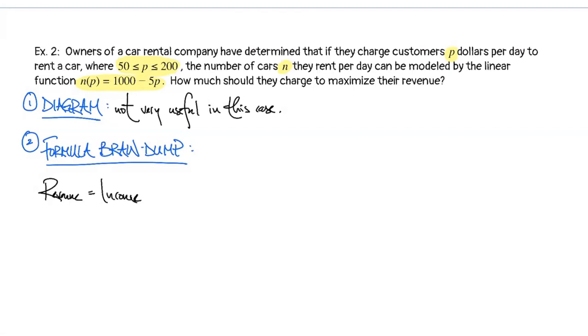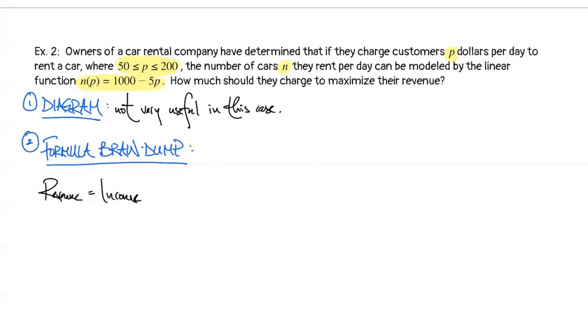Because they're charging $50 per car and renting 750 cars. So 50 times 750 gives us that much income.